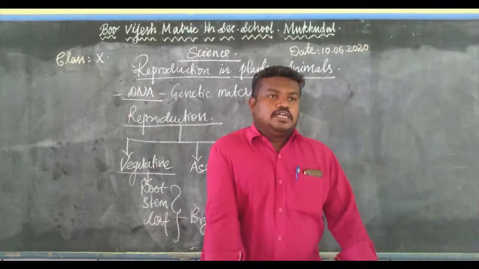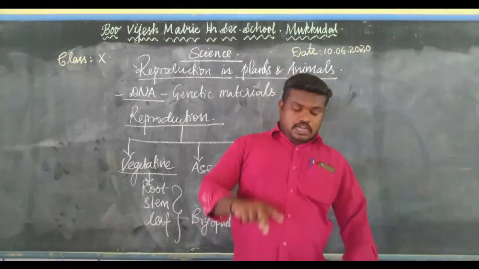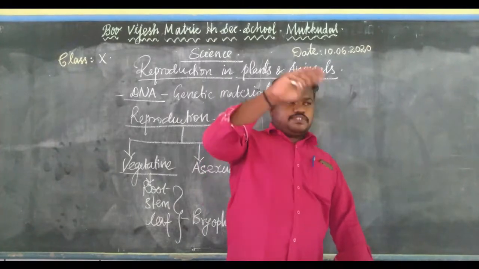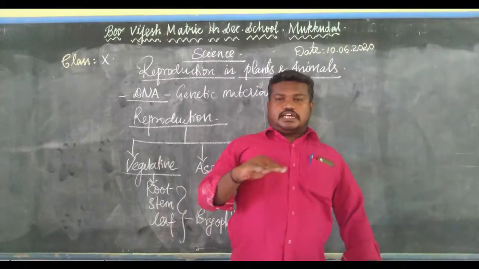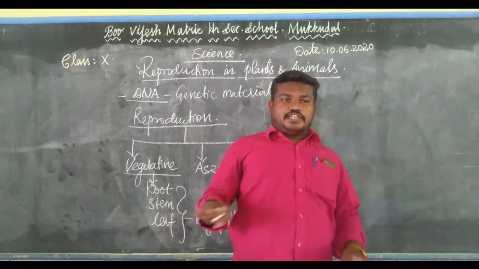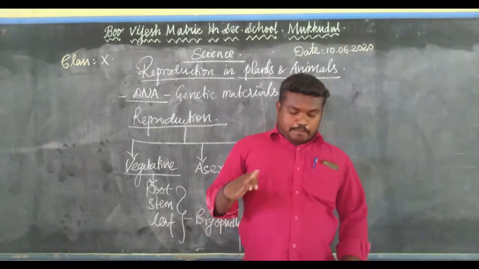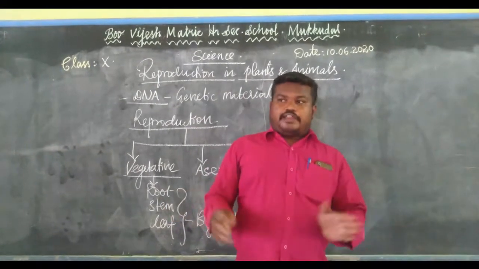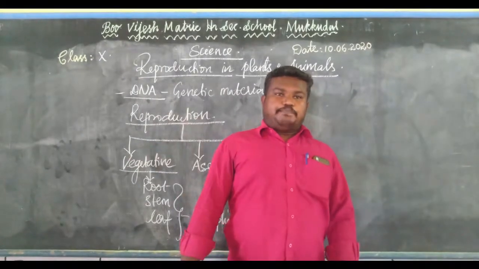And stem. It can be seen in the strawberry. The strawberry plant's runners touch the ground and produce adventitious roots, and at the same time the buds also. Then the parent plant is broken, and it becomes an independent life.